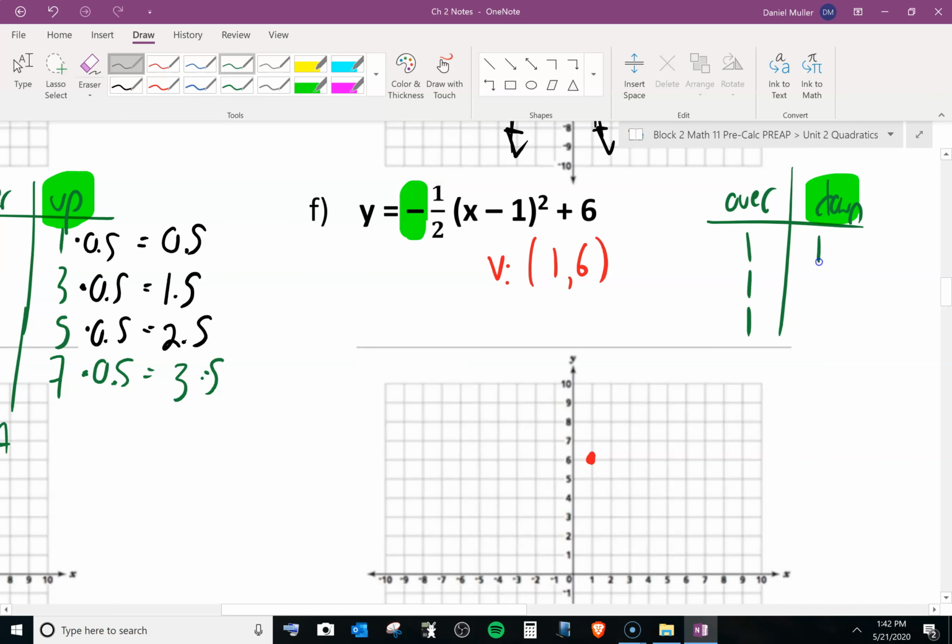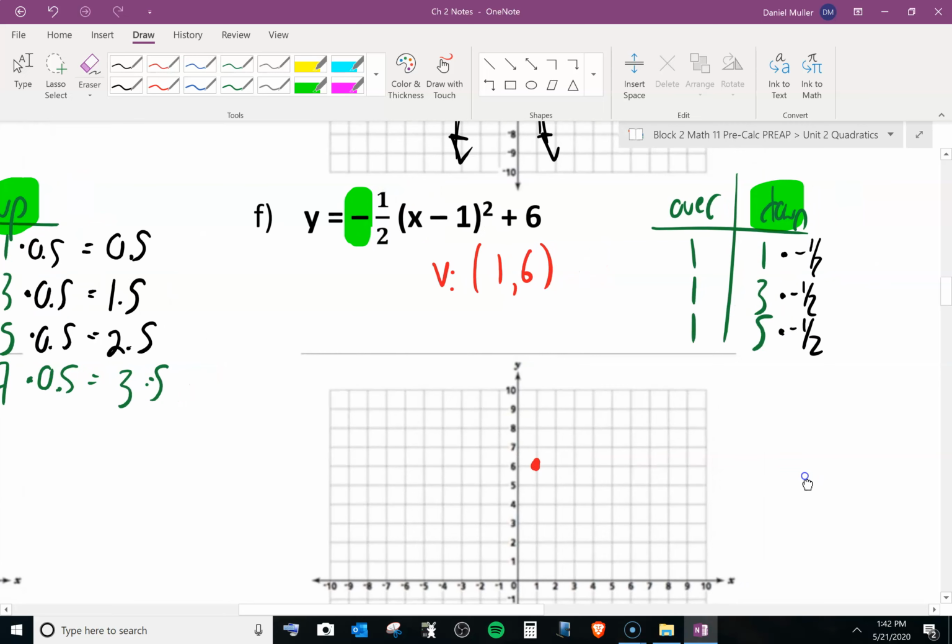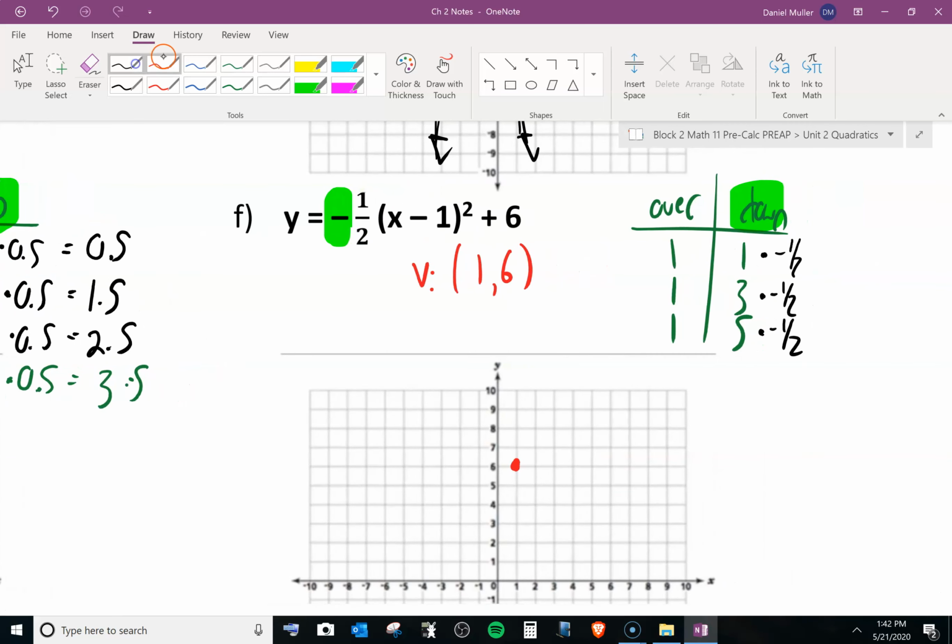1, 1, 1, 1, 3, 5. Always the same. Times that by -0.5. I generally will just, the -0.5 will probably be as complex as it'll get. So a half of 1 is also a half, but negative.